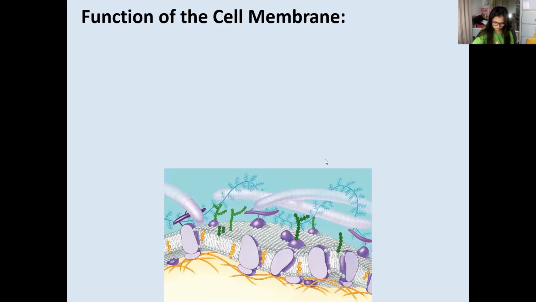These are protein structures located in your plasma membrane, and they are responsible for the transport system in your plasma membrane. Much like a gatekeeper of the molecules that will get in and out of your cell cytosol or cell cytoplasm.